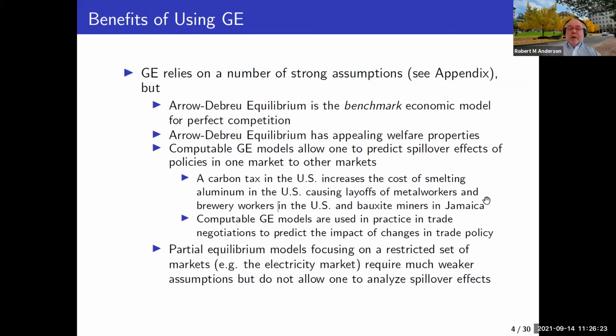And partial equilibrium models in which it's easy to talk about Pigouvian taxes don't permit this kind of spillover analysis.